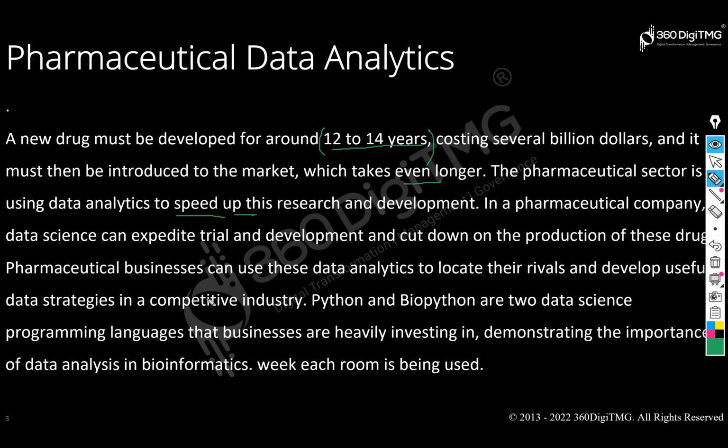Python and BioPython are two data science programming languages that businesses are heavily invested in, demonstrating the importance of data analysis in bioinformatics.